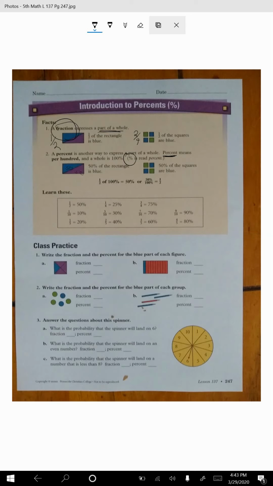Later on, you'll learn how to convert fractions to percents. You don't need to know that yet. You'll learn it in the future. But right now, what you're doing is you're memorizing these facts. 1/2 is 50%. 1/4 is 25%.